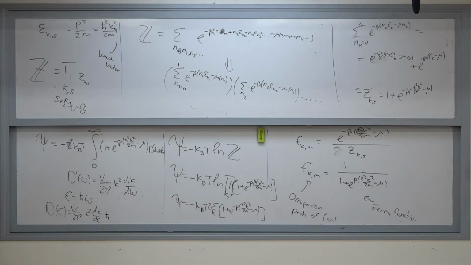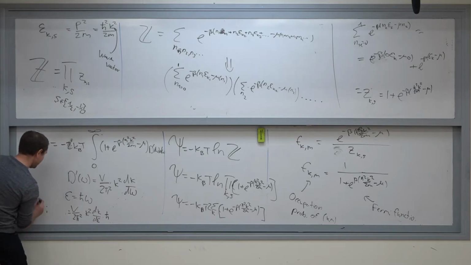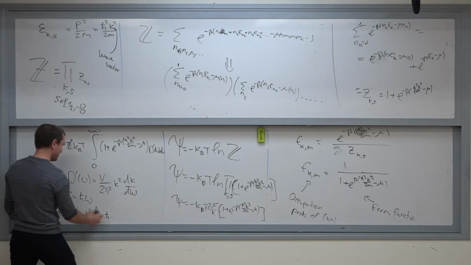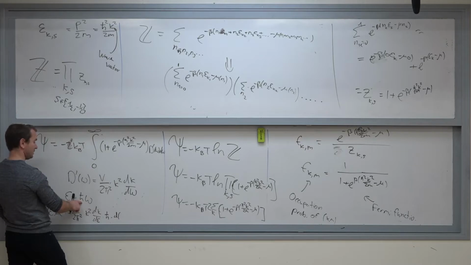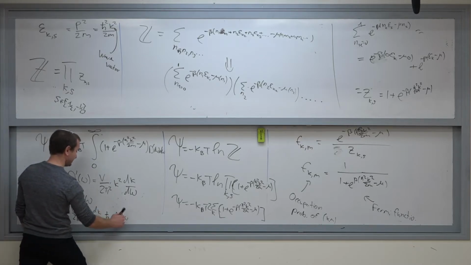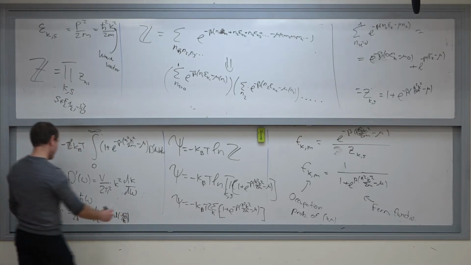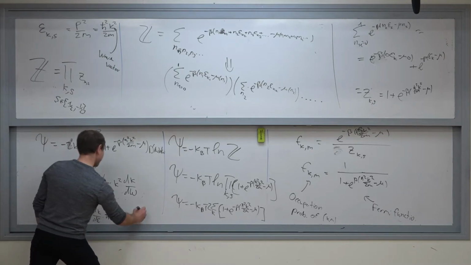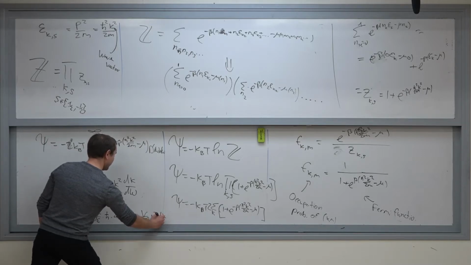Multiplied by h bar, so the epsilon equals this guy multiplied by d h bar omega. I'm sorry, d epsilon divided by h bar. And what we obtain over here equals V divided by 2 pi squared, k squared dk d epsilon.